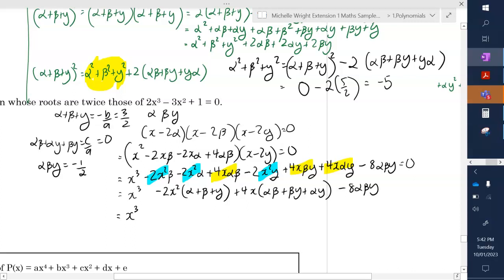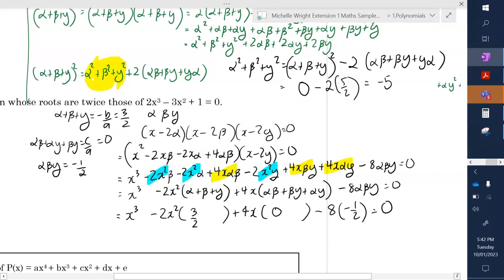So my new cubic is going to be x cubed minus 2x squared times the sum of my roots 1 at a time, which is 3 over 2, plus 4x times the sum of my roots 2 at a time, which is nothing, so that term disappears, minus 8 times the sum of my roots 3 at a time, which is minus a half.